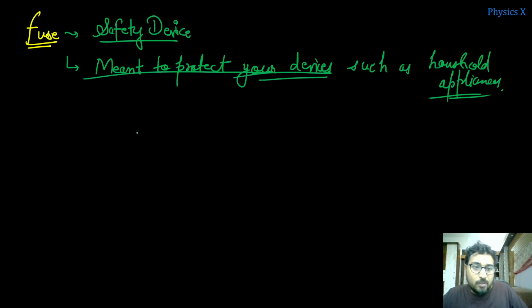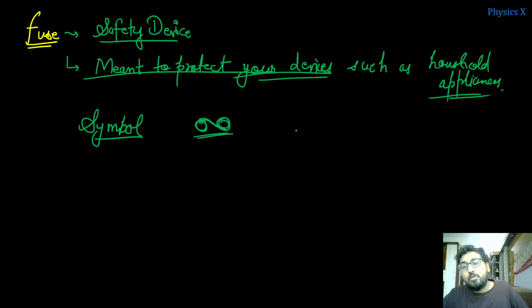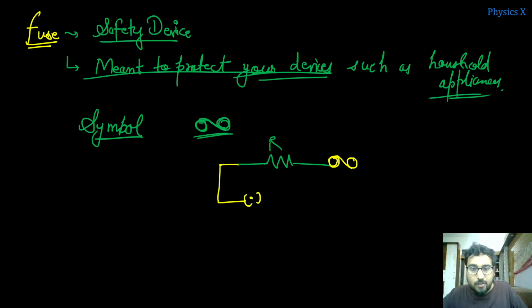Sometimes we represent the symbol of the fuse like this. This is your fuse symbol. So in a circuit, let us say a resistance is connected, and a fuse is also connected in the circuit, and this is your key.